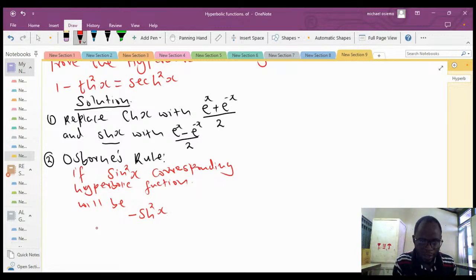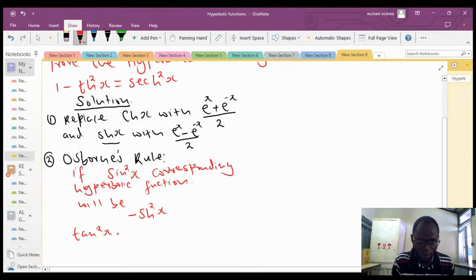For indirect, you can have a case like tan squared of x. You know this one is the same as sine squared of x over cos squared of x.